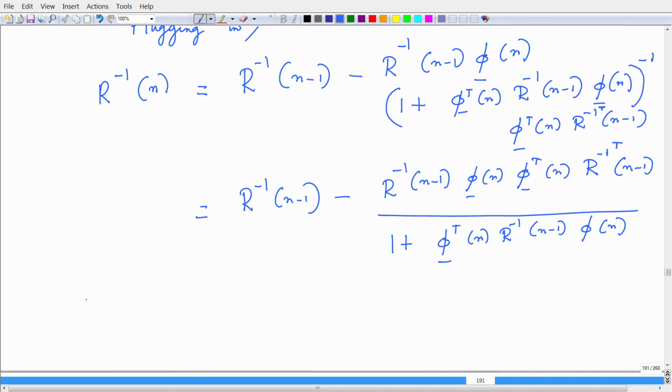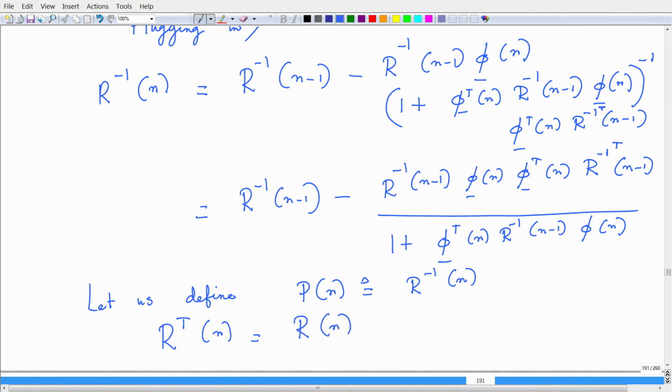Now, let us define this matrix P of n to be R inverse n, because I want to get rid of these inverses somehow. And R is symmetric, we have this property R transpose of n equals R of n.